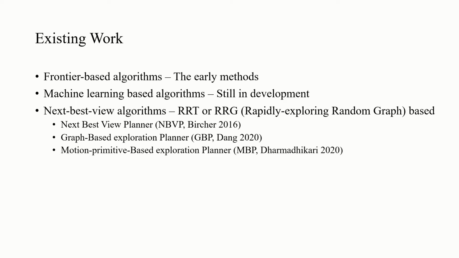The last type we call next best view algorithms. They are mostly based on RRT or RRG. Three latest algorithms of this type are Next Best View Planner, Graph-based Planner, and Motion Primitive-based Exploration Planner. Our work also draws inspiration from this kind of algorithm, so we are going to introduce more of them.